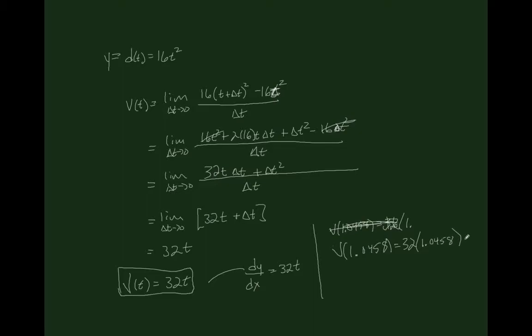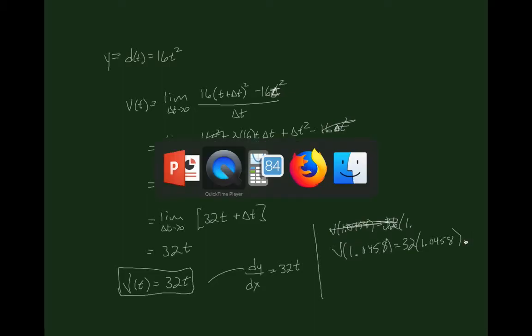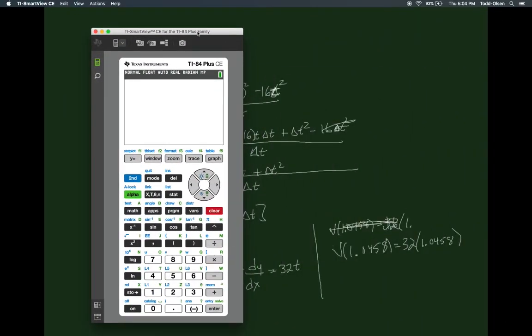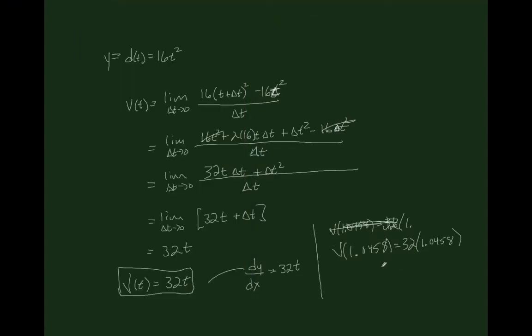And if we do the multiplication on our calculator, 32 times 1.0458 tells us the ball is going about 33.4656 feet per second.